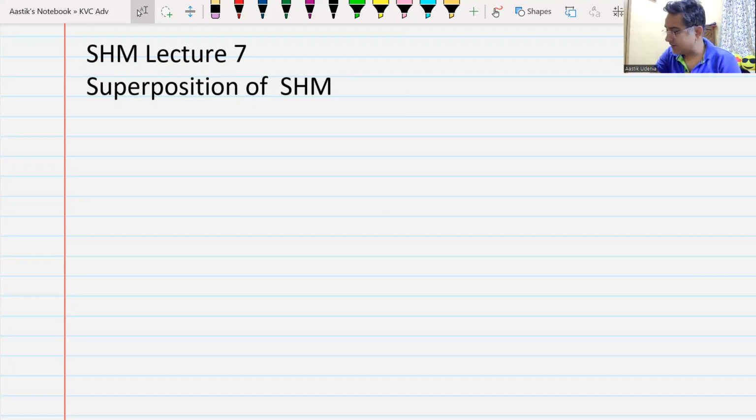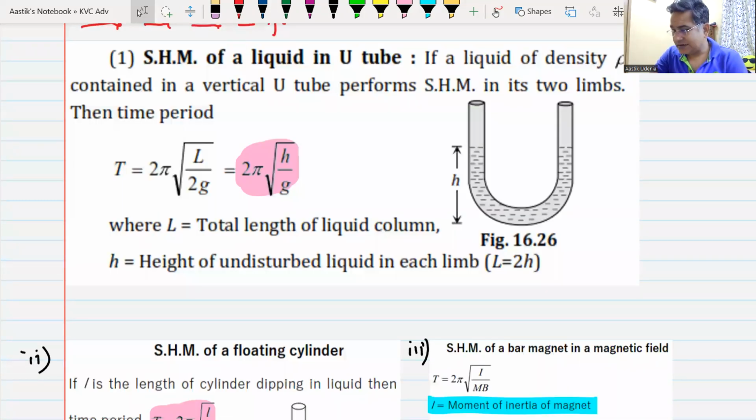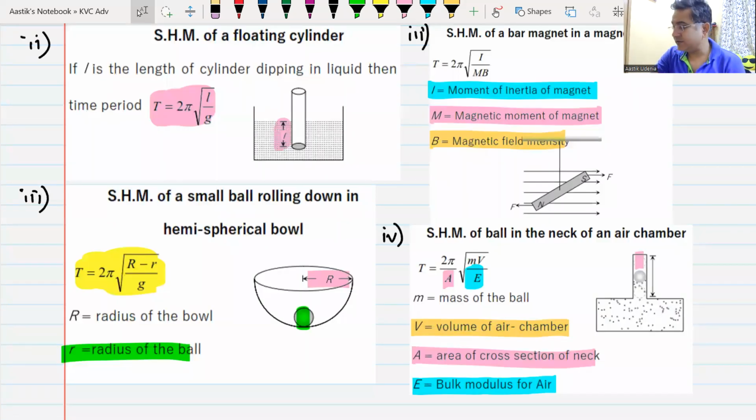In the last class, we had seen some cases of SHM, and I told you to remember those cases because any of those questions can come in SHM. We had seen the SHM of liquid in a tube, then we had seen the SHM of a floating cylinder, bar magnet, a ball rolling in a hemispherical bowl, then SHM of a gas, and all those things.